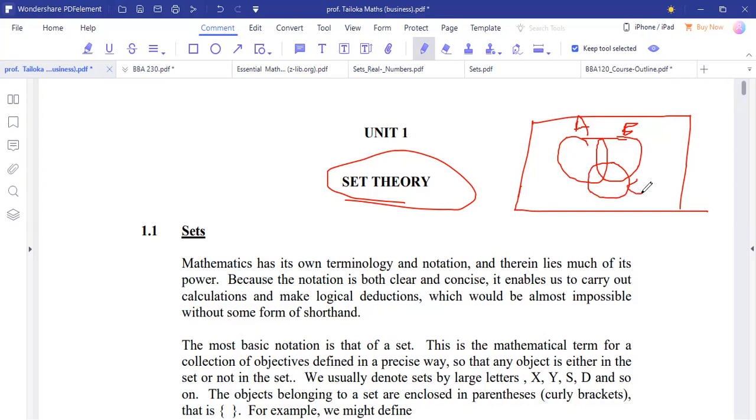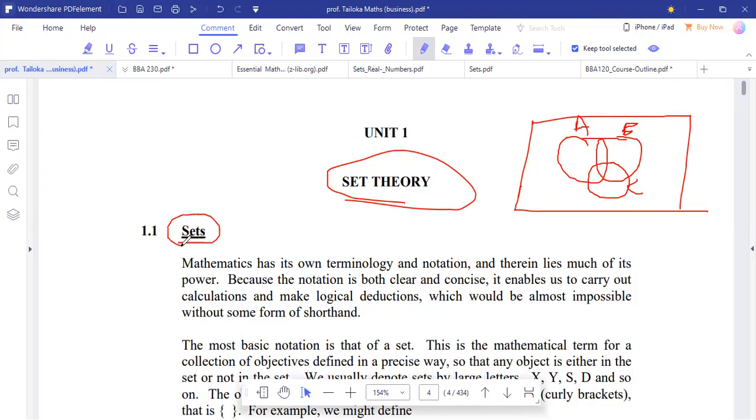So we can have an example, this combination of items: event A, event B, event C. So just a collection of events is the meaning of a set.